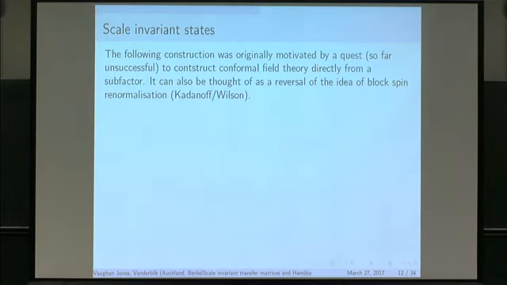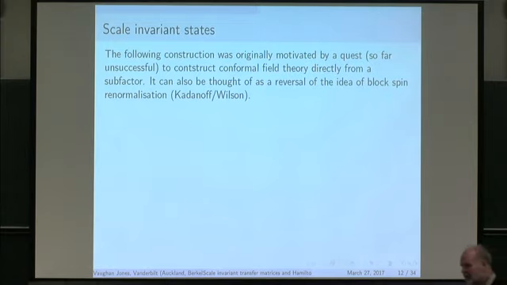Now, we change topic a bit, and I want to look at scale invariant states. The following construction was originally motivated by a quest, which has so far been unsuccessful, to construct conformal field theory directly from a subfactor. So this is sort of a spin-off.